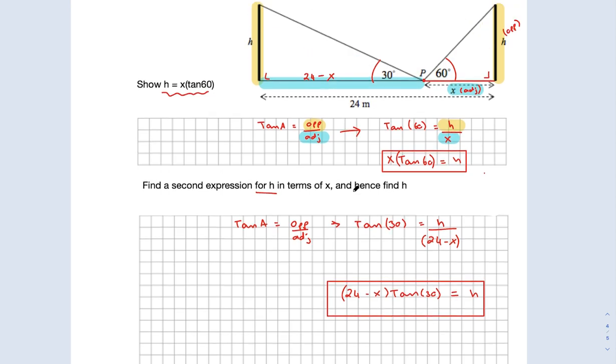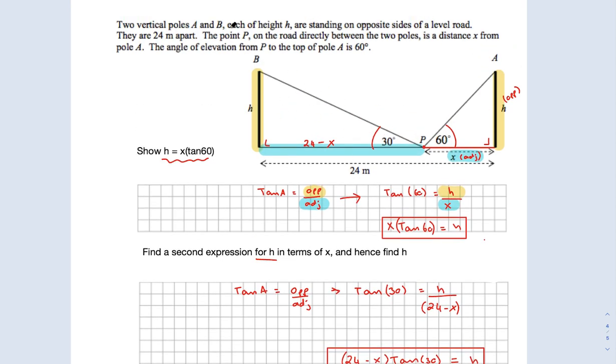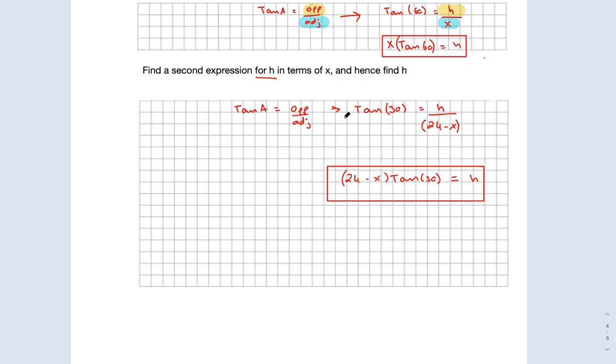Both poles are the same height, so doesn't that mean mathematically that 24 minus x multiplied by tan of 30 is equal to the other one, x times tan of 60? Have a think about that. Pause the video if you need to, but they are equal to each other because they both refer to the same height.